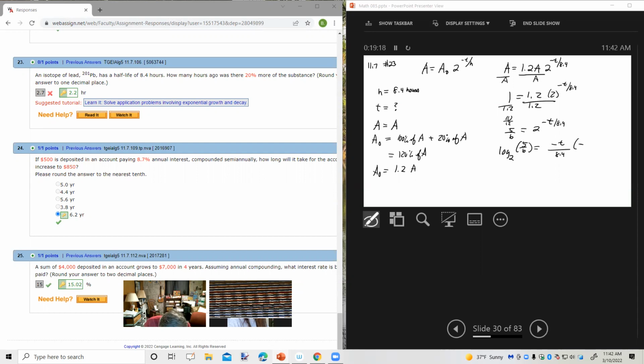I'm going to multiply both sides by negative 8.4. The 8.4s go in, the negative times the negative, so I get T equals negative 8.4. And I'm going to use change of base formula here. Log of 5/6 divided by log of 2.